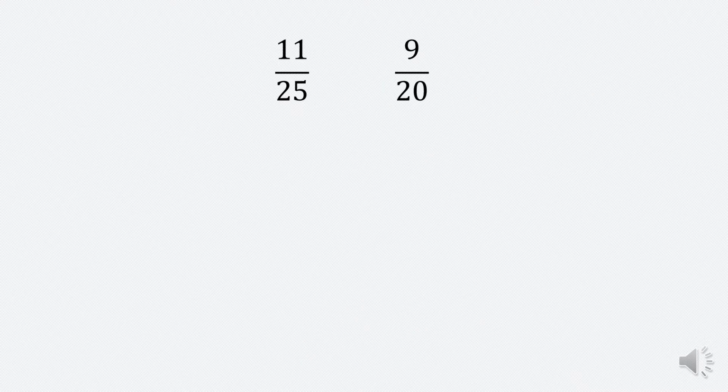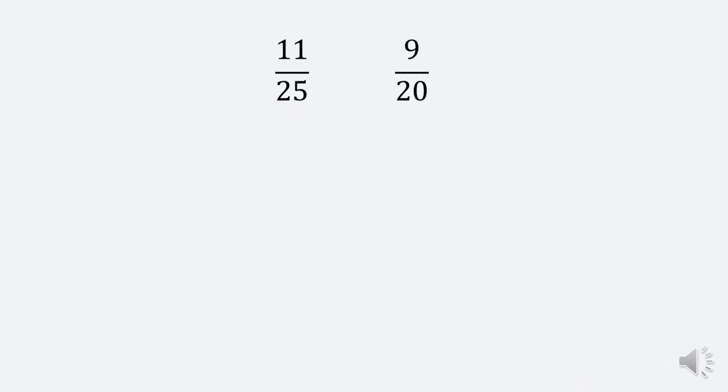So 11 over 25 and 9 over 20. They don't seem to have the same denominators, but you can quickly realize that 25 and 20 are both factors of 100. So I can bump both of them up to something over 100, and then we can easily compare them.